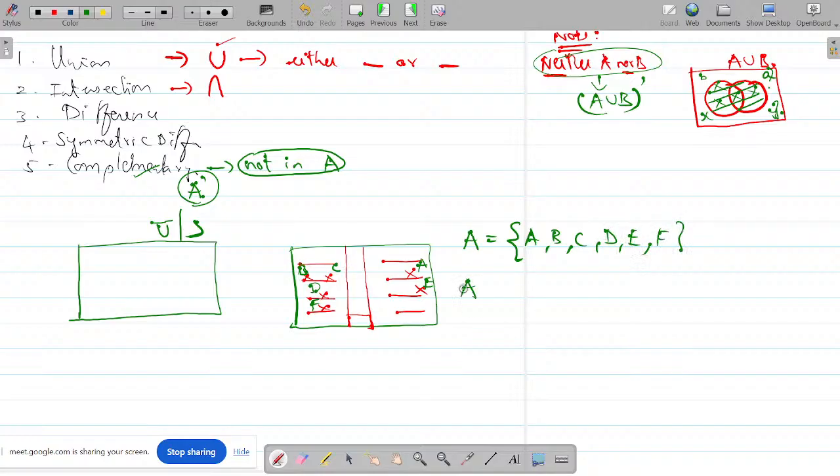Okay? What about this A dash? It contains those not in the class. These places might still be occupied in future. There may be some G, H, I, J. All these may be occupied in future. So this is called not in A, that's what A dash is.